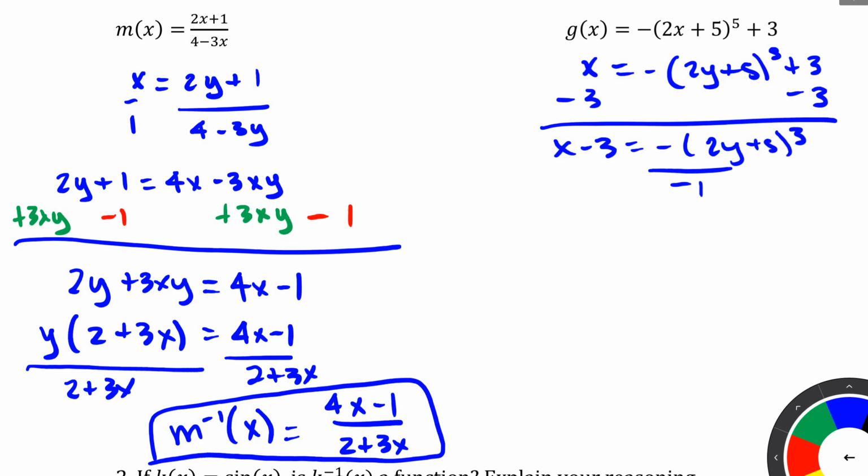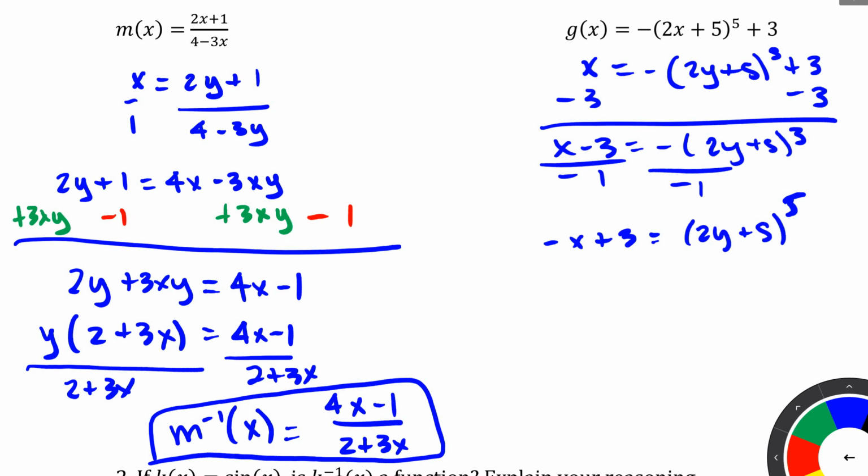And that -1. Never want a negative there, so we'll get rid of that by dividing -1 on both sides. So that's going to give me -x plus 3 equals 2y plus 5 to the 3rd power. To the 5th power, sorry. I thought that was a 3.